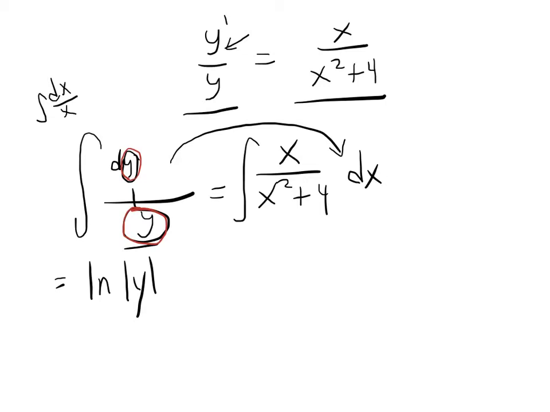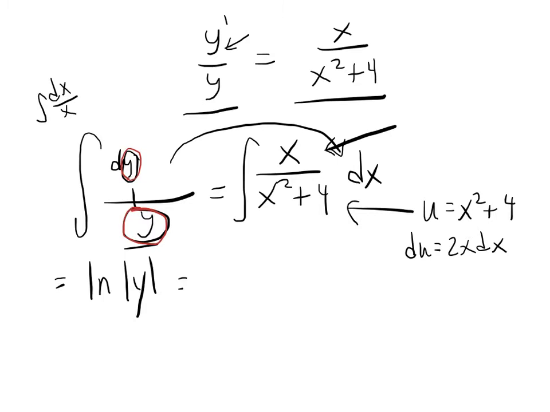On the other side, we have a similar situation where the degree of the top is less than the degree of the bottom. So we probably are going to have an ln issue. If we call the bottom u, x squared plus 4, what will du be? It's 2x dx. Divide by 2.